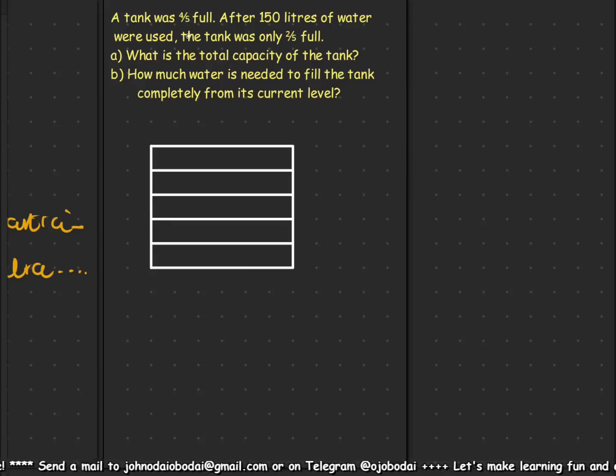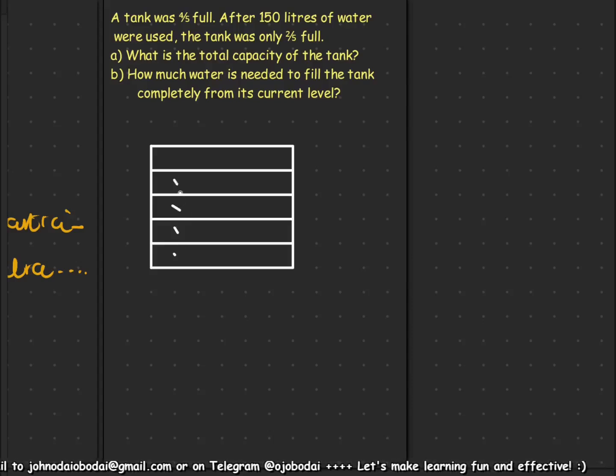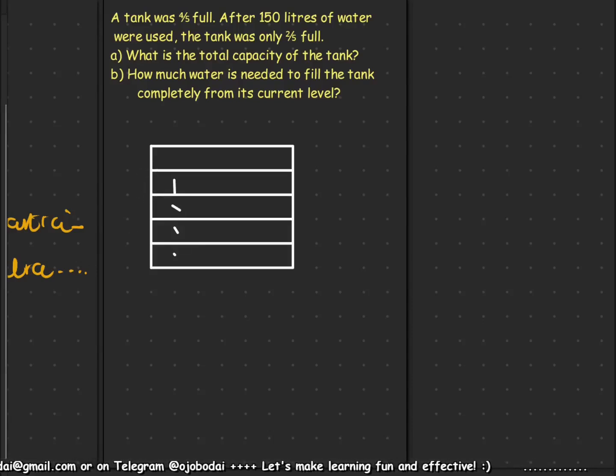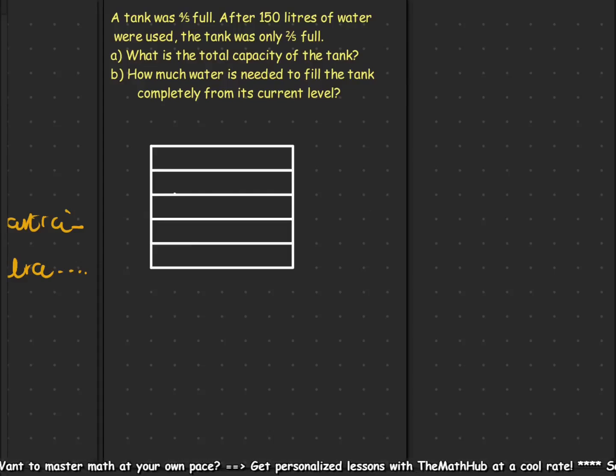Now, the tank is 4/5 full. So this is 1/5, this is 2/5, 3/5, 4/5. So the tank has been filled up to this side here. That is the 4 over 5. So let's fill this tank with water. Remember, it's just 4 over 5.